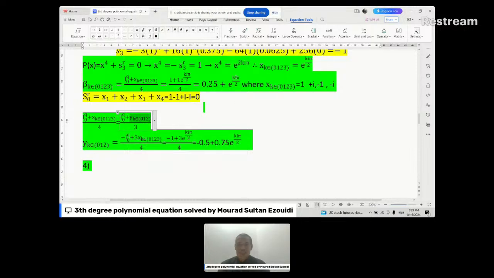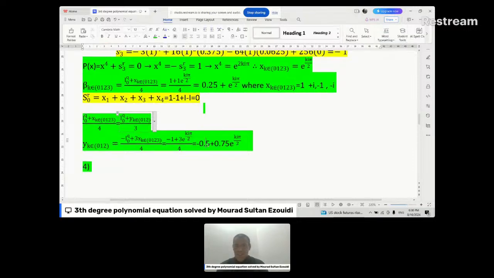The xk is this, replaced with 1, then with positive i, then with negative 1, then with negative i, to obtain the three roots of your new third degree polynomial equation. Therefore, simplifying, yk will be negative L0 for the q divided by 4, meaning negative 0.25, plus 3 divided by 4, which is 0.75, times exponential ki pi over 2.